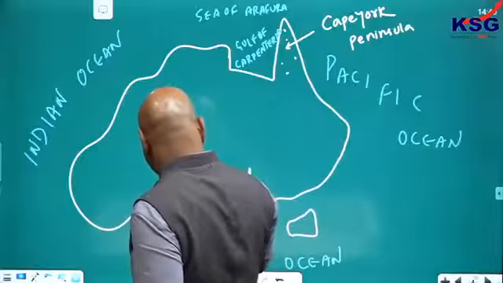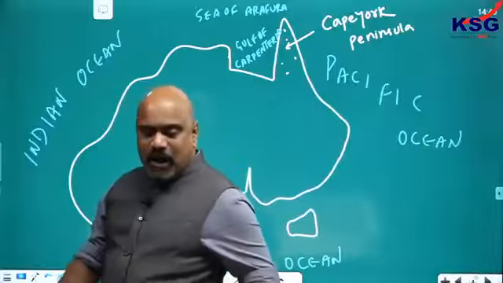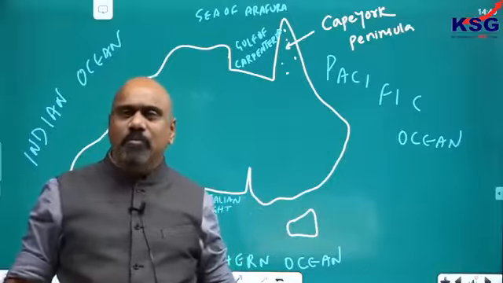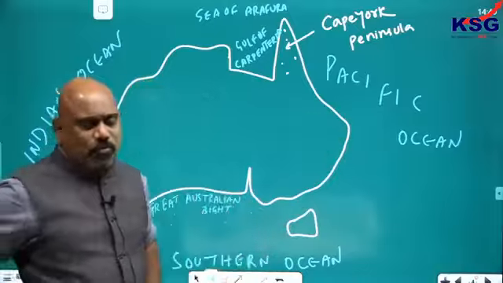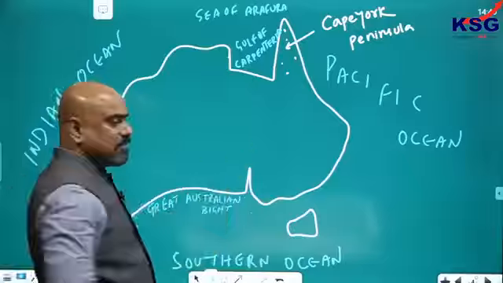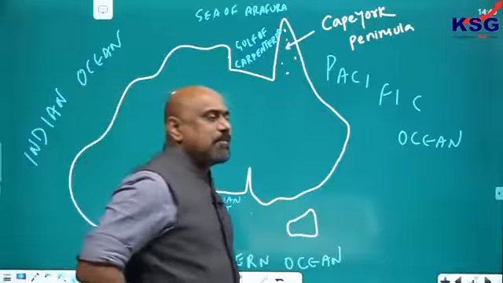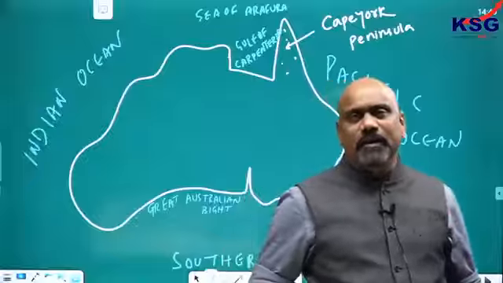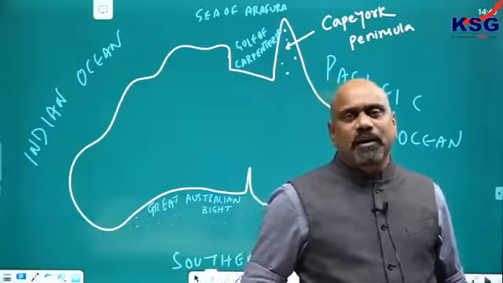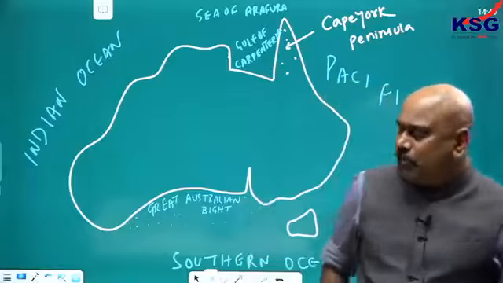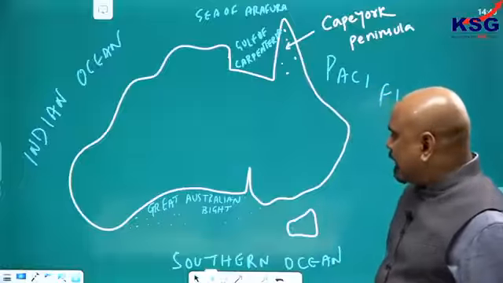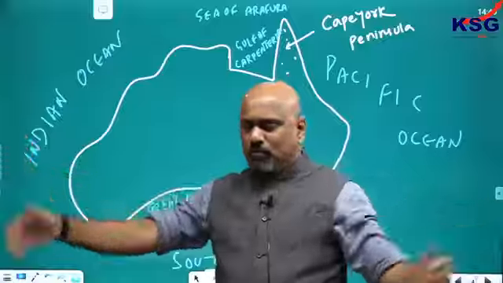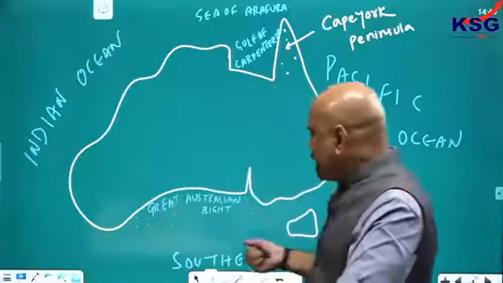A bight is an open, less deep region of the ocean, completely open and less depth. It is an intermediate between a gulf and a bay. So Great Australian Bight, गहराई कम होगा और चौड़ा होगा, वो इसको बाइट कहते हैं ऐसे रीजन्स को.